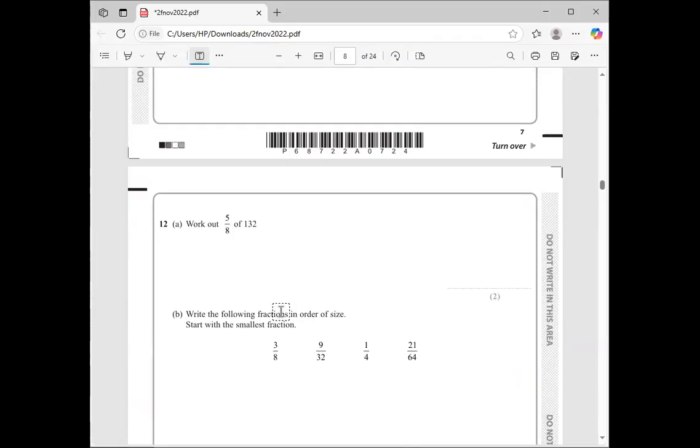5/8 of 132. Okay, let's just do it together because I think we have done it, but it's been a while since we did stuff like this. I told you that "of" is the same thing as multiplication. And when you say a whole number, then you might as well divide it by 1.